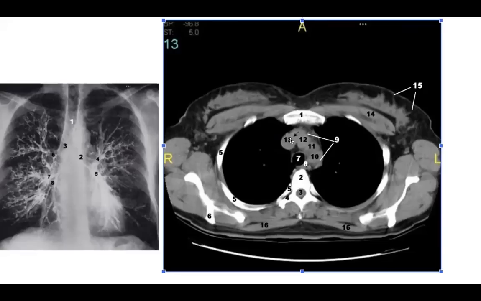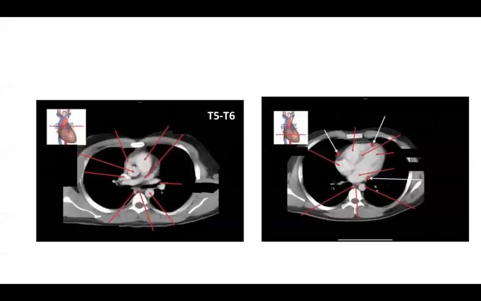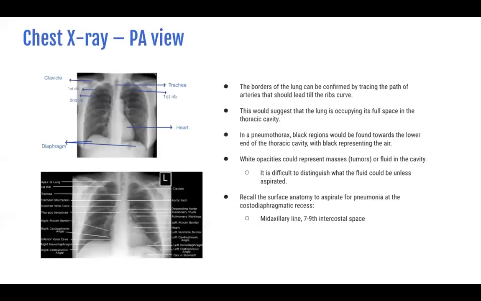Is it clear for everyone? Yes. Okay. I think for these images, we'll first cover what the structures are, and then we'll go back and try to test you guys. Okay.